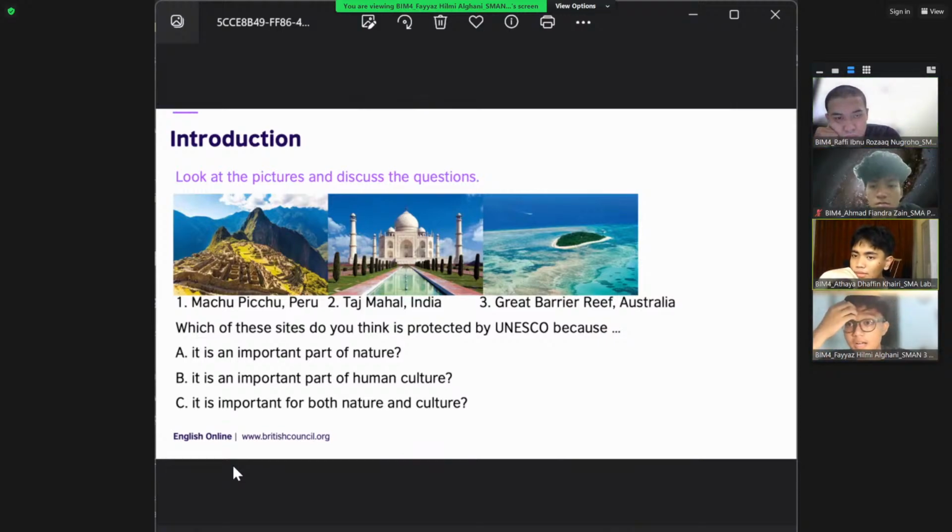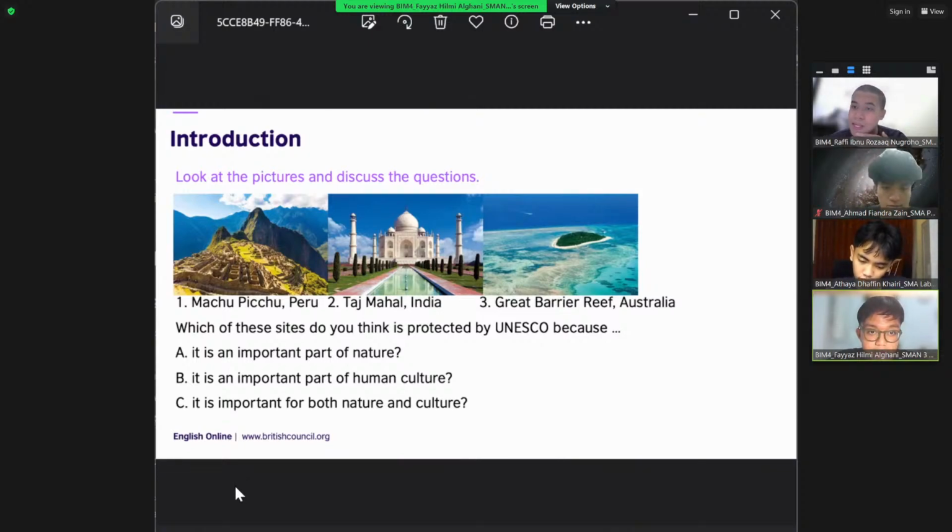Yeah, me too, because the Taj Mahal is kind of heritage, the historical within the human culture for Indians. So it's B. The third one is A, and the first one is C. I think we all agree on it.